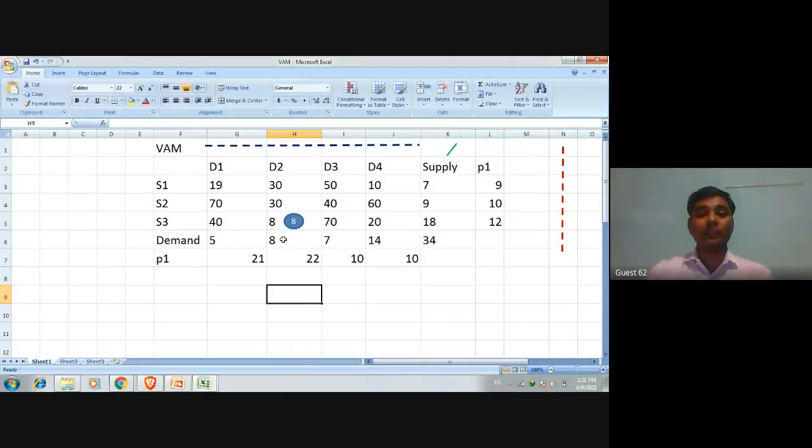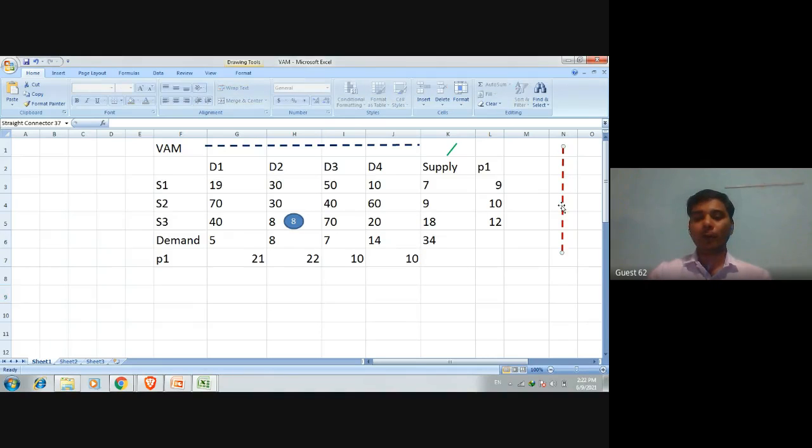Now the demand of D2 has been fulfilled. The demand of D2 was 8 units and it has got 8 units from the plant S3, whose supply capacity was 18 units. So what we have to do?